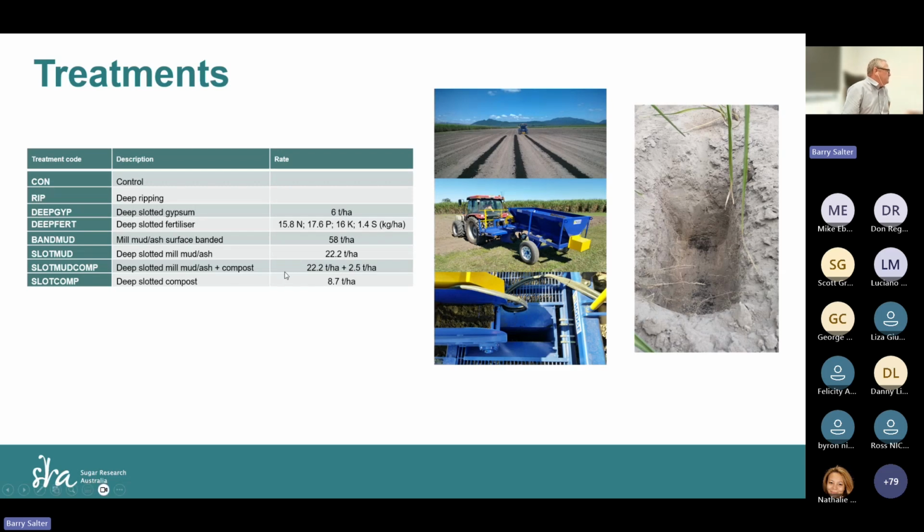And we had mud ash with some compost, and we had compost on its own. You can see some of these treatments in these pictures: the banded mill mud on the surface, the implement that we made to implement these treatments, and again, that image of the soil profile where you can see that organic matter sitting there, roughly 30 centimetres.